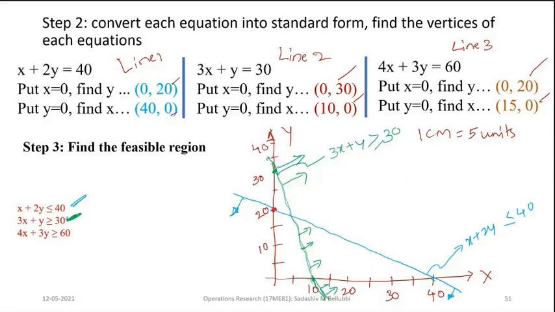Now we join these two points. Again it tends away from the origin because it is greater than or equal to.